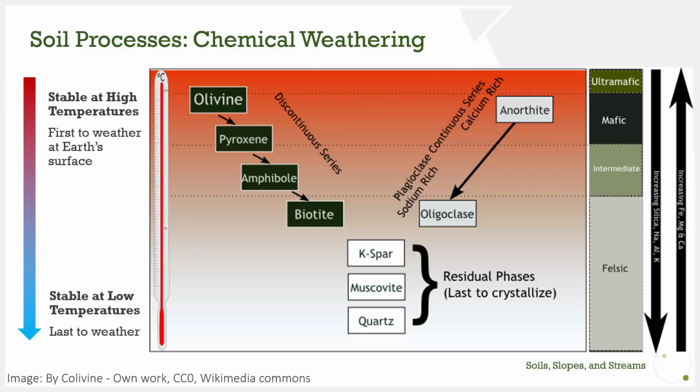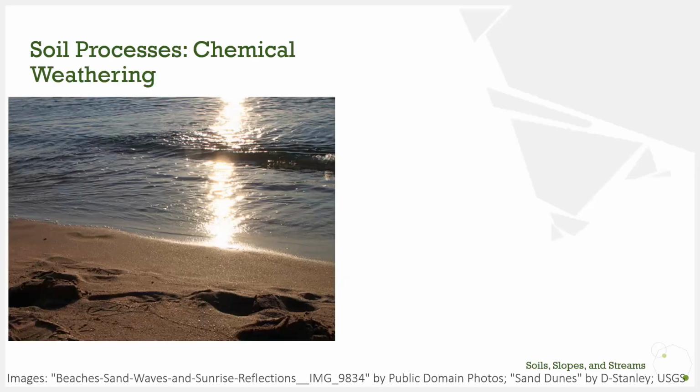This means that the minerals at the bottom of this box, that are the last to form from the melt, are also the last to chemically weather away. You might notice here that quartz is one of the last minerals to form and therefore also one of the last minerals to weather. This makes sense to you, likely, and you've seen this in action in probably a lot of different landscapes.